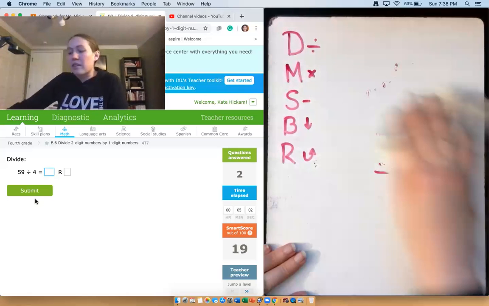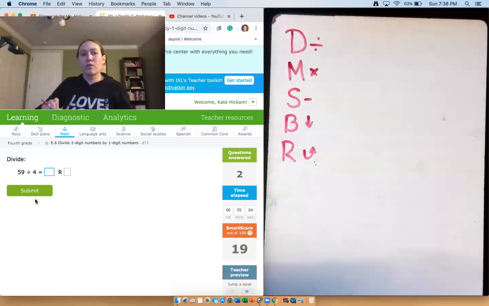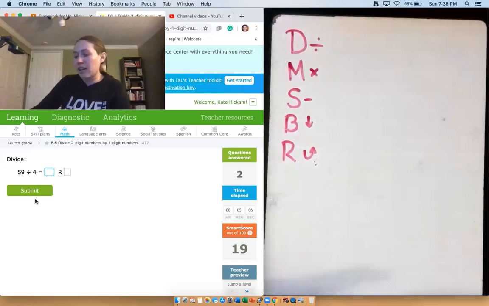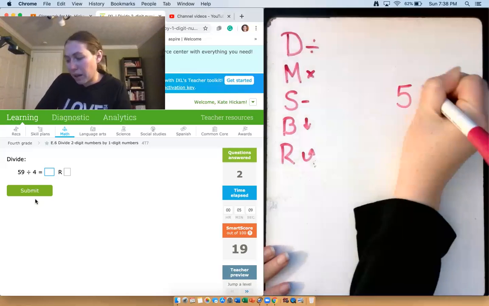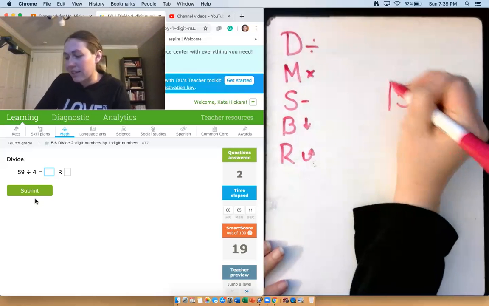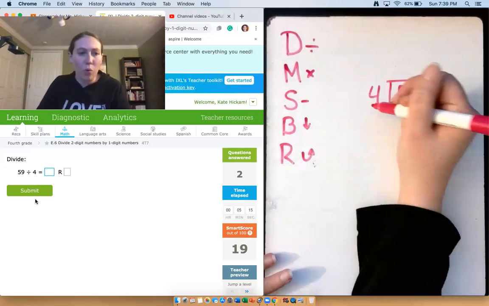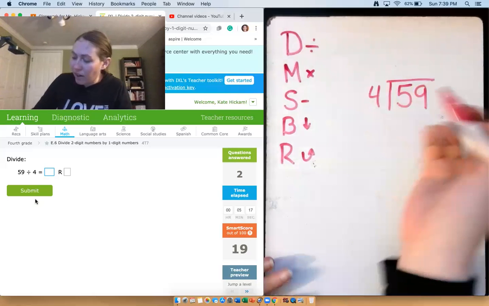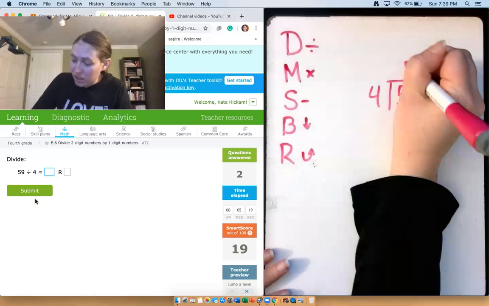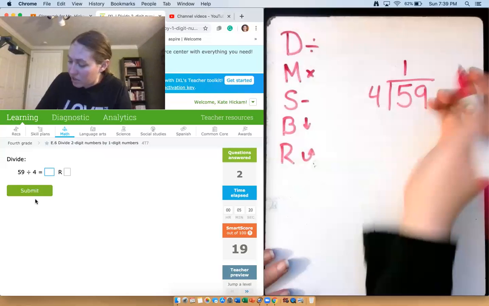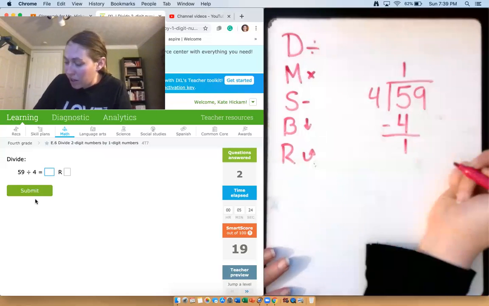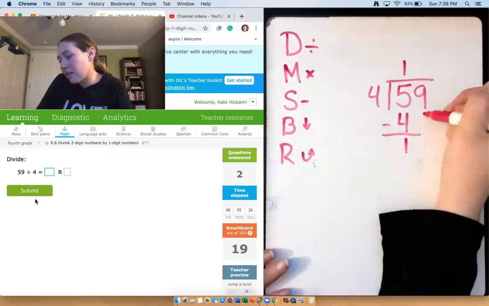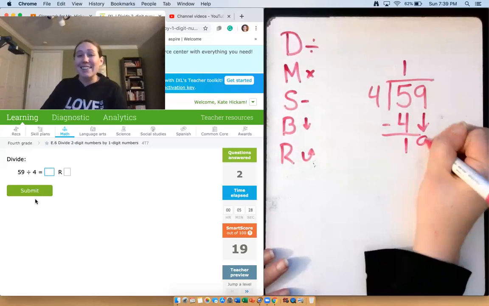Ooh, this one's set up a little differently. So remember, it's saying 59 is divided by 4. 59 gets broken up into 4 equal spots. 4 goes into 5 one time. 1 times 4 is 4. I subtract 1, I get 1. Bring down the 9. 4 goes into 19.